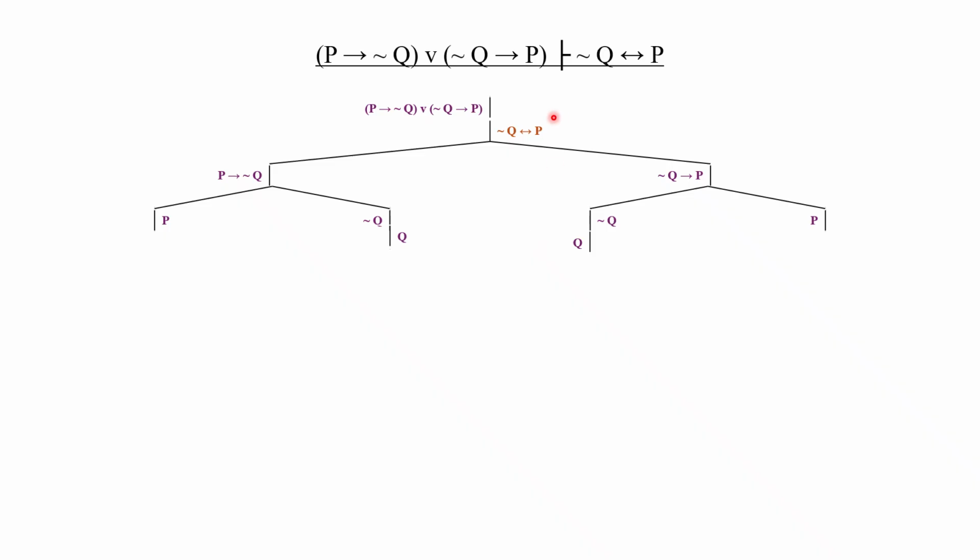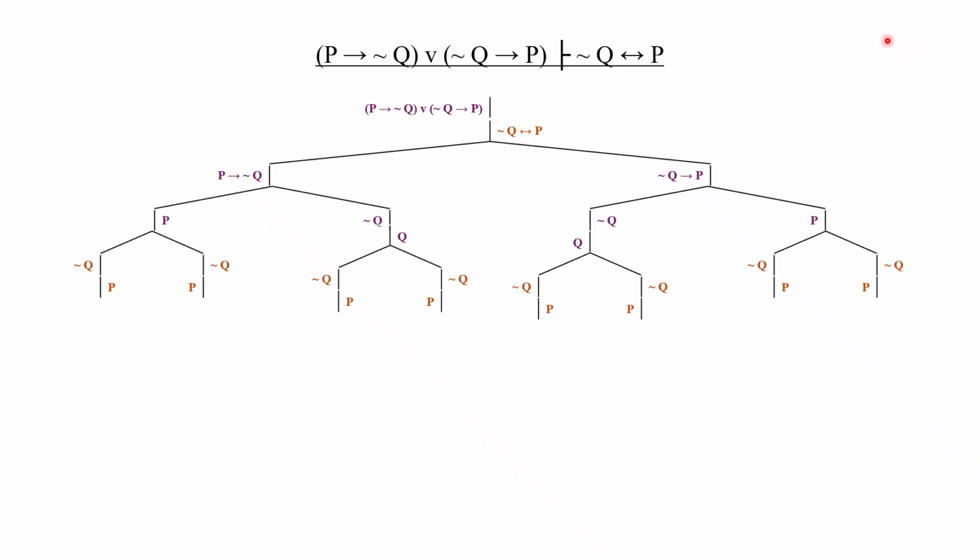Now we need to take our conclusion and break it down in each of these branches. So again, this is going to look like a lot, but it's just repeating our steps. So where is a biconditional false because it's on the right hand side? Well, it's where the two sides don't match. So that's why I have a tilde Q on one side and P on the other, and then they're flipped on the other branch.